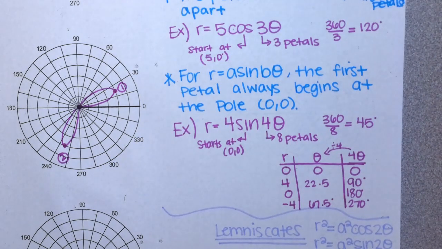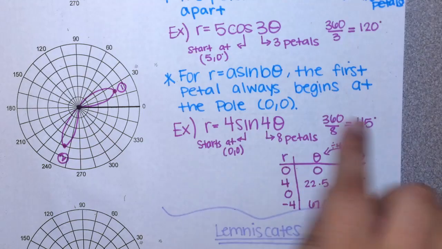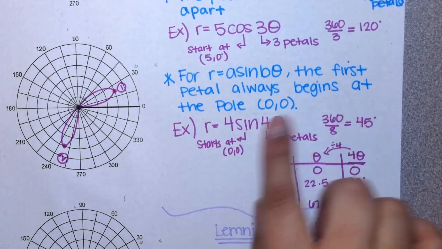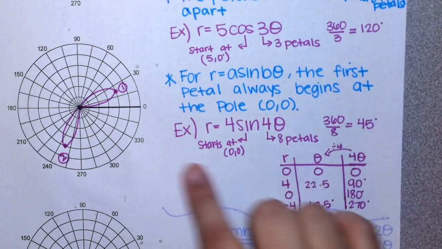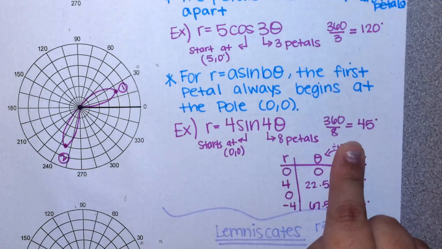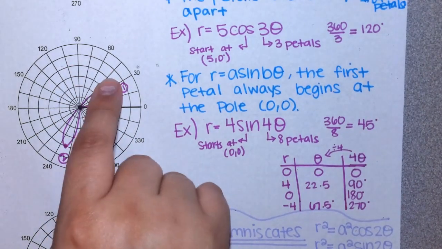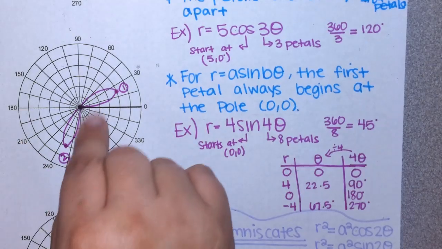Okay, there's one piece of information that we know about this graph that I have not used. What did we say at the very beginning of this problem that I have not used? Each petal is what? Could I figure out 45 degrees between each of these?